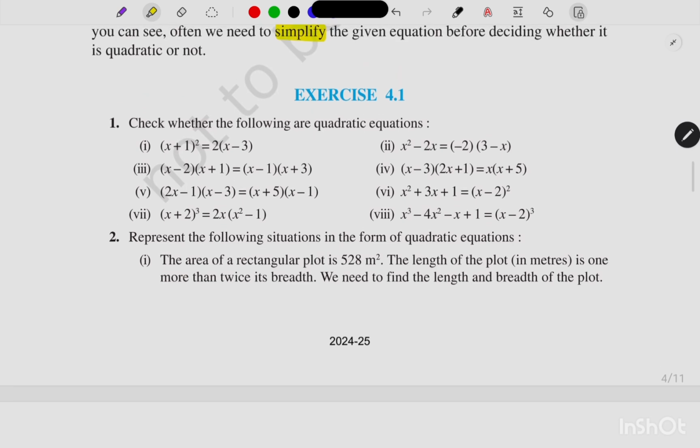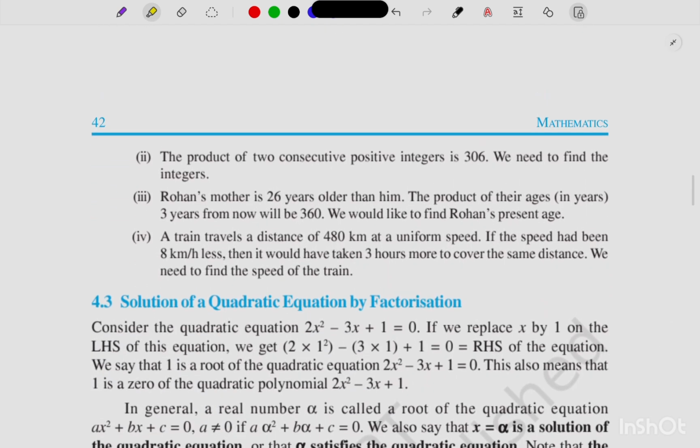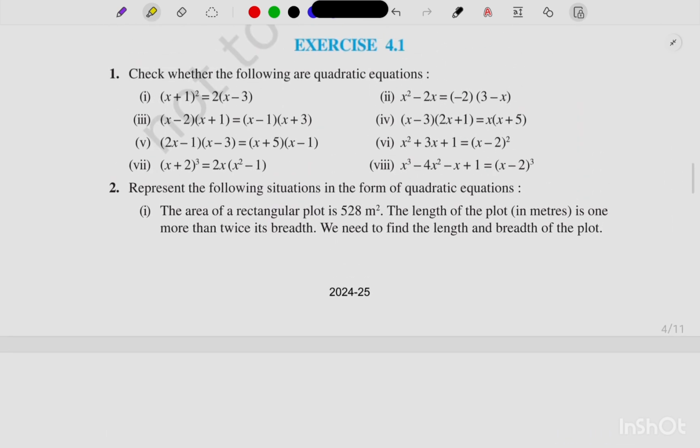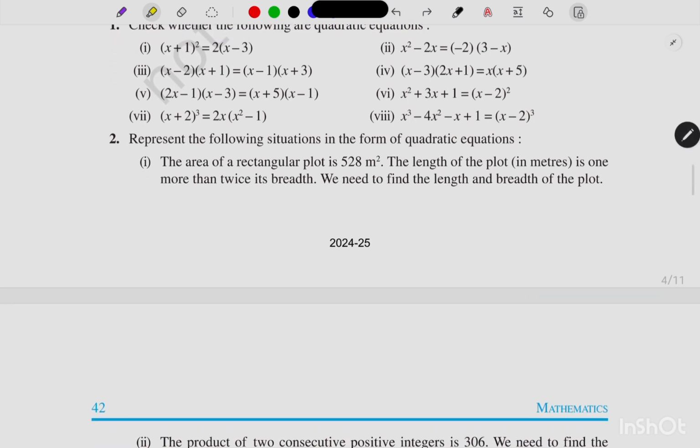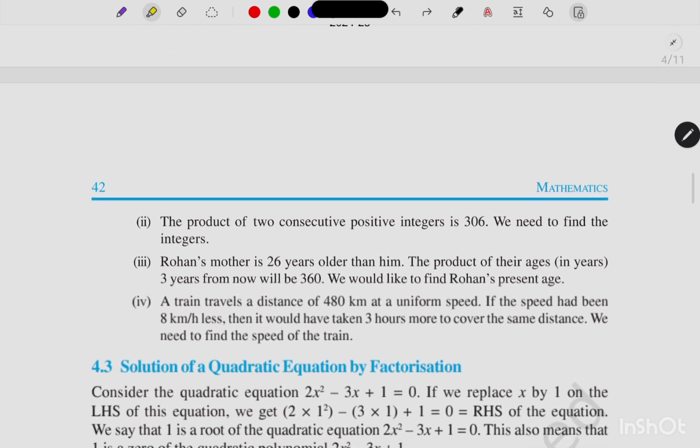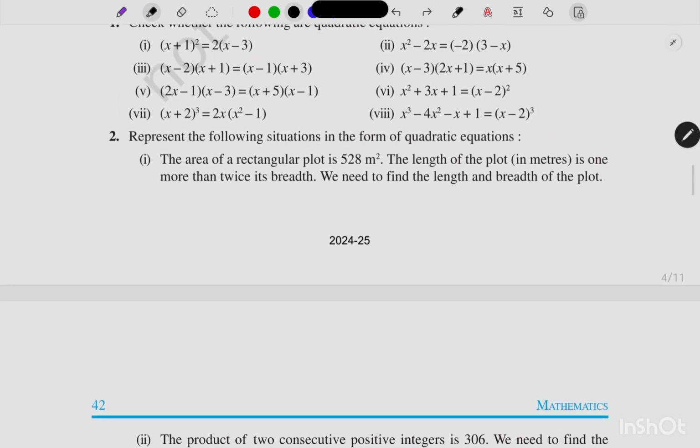Okay, now here we have the exercise questions. The thing is that we have checked some of these questions, so we'll not be checking that. Let's use the word problems. Let's do the word problems.